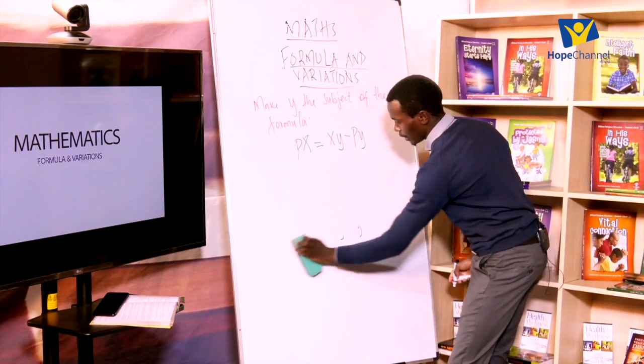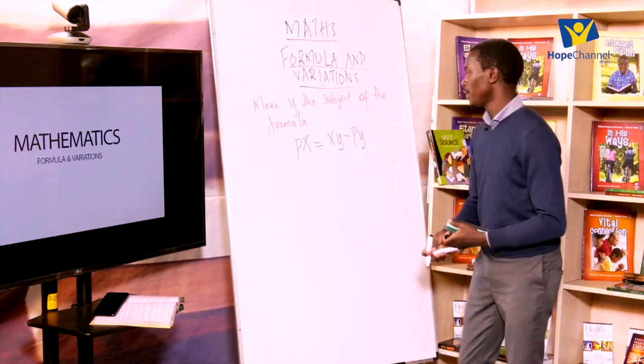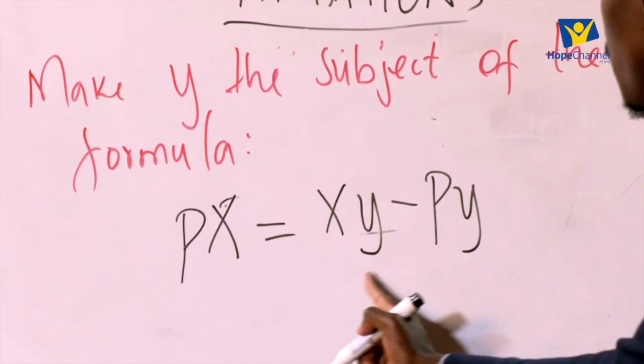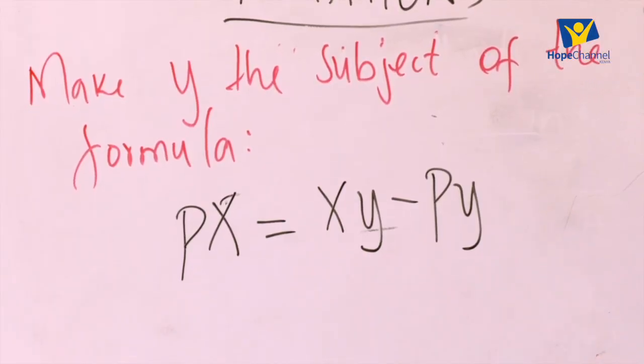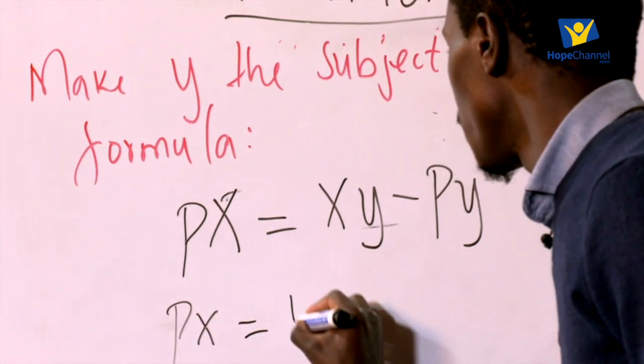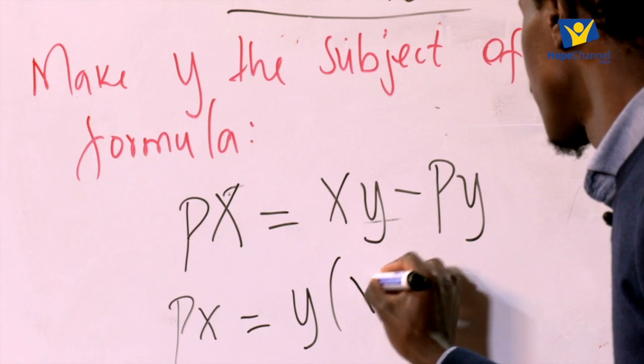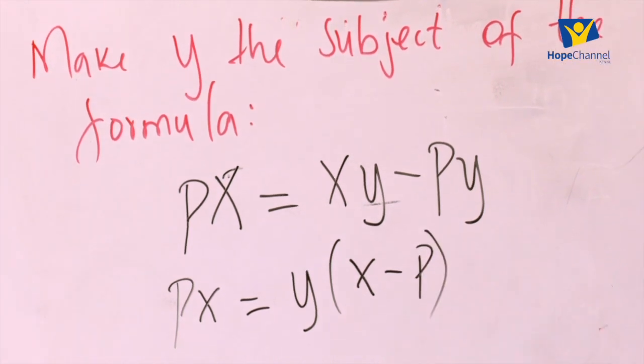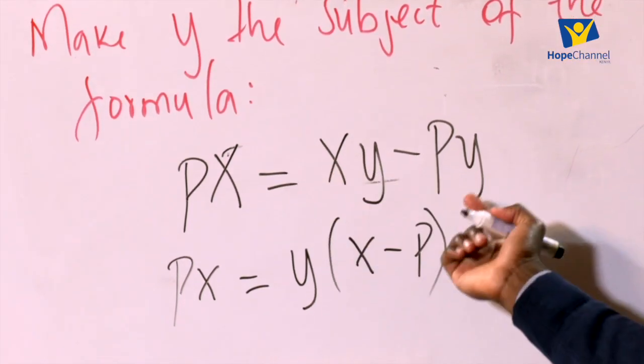So for us to make y the subject of the formula, we first of all have to factorize y on the right hand side, and that gives us px is equal to y into x minus p, because y is the common factor for these two terms here.